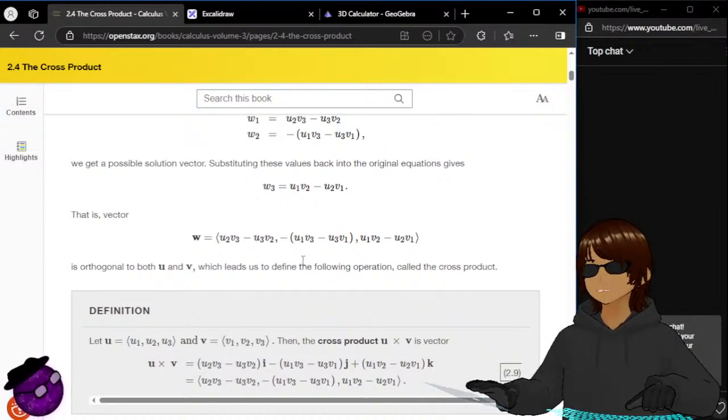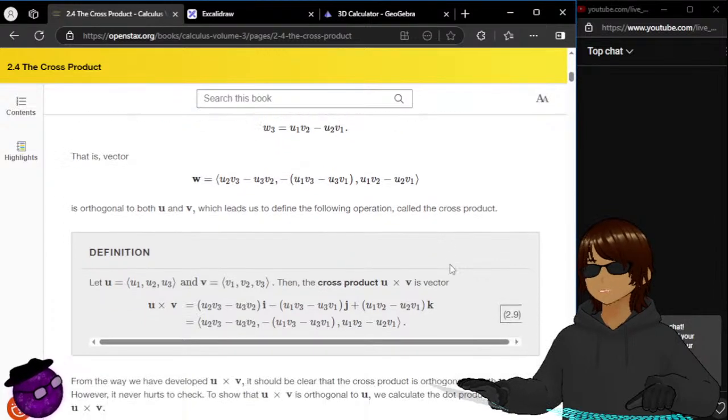Which leads us to define the following operation called the cross product. The cross product is u2 v3 minus u3 v2.